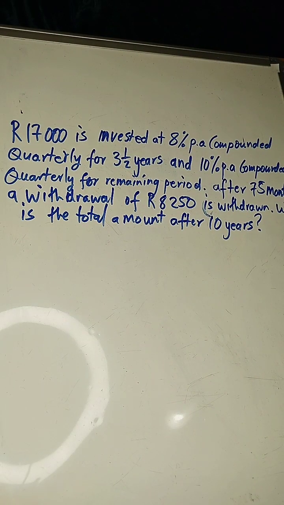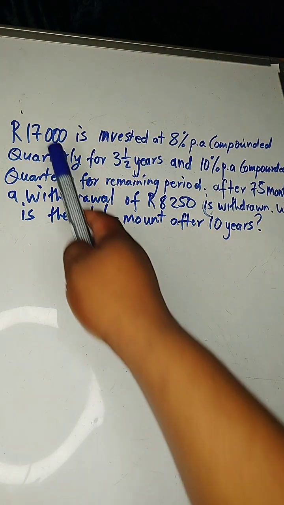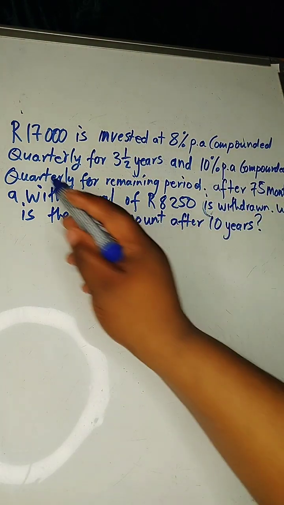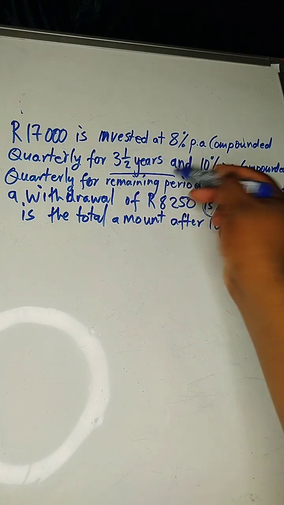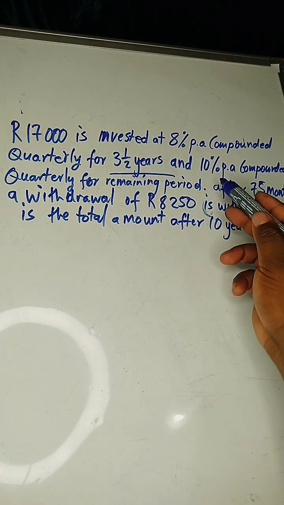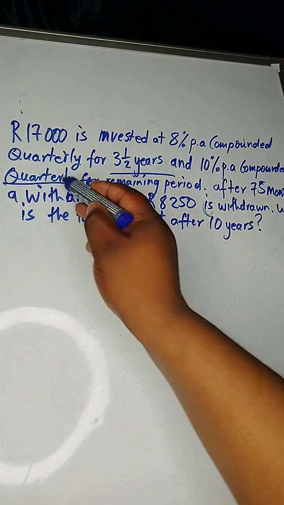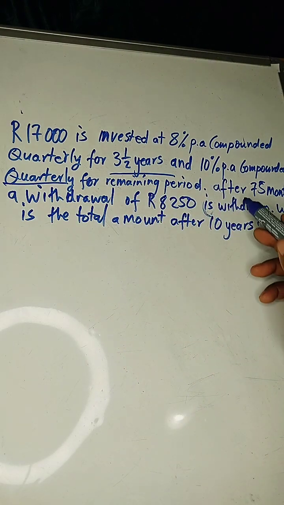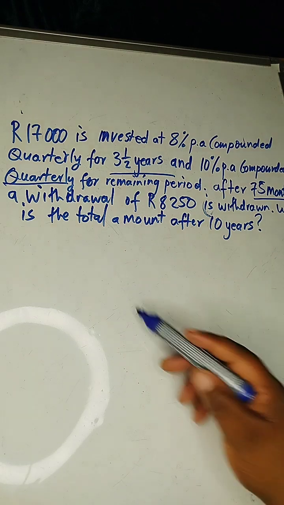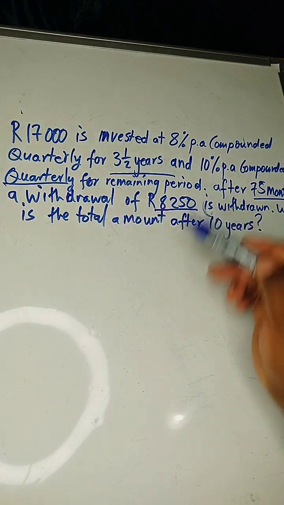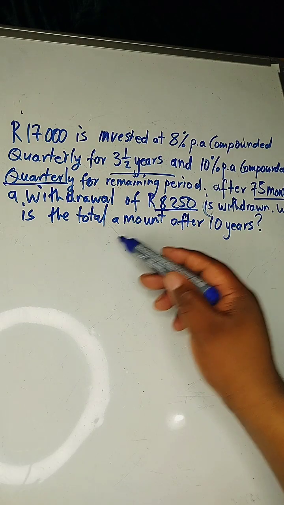Let's continue with this problem. 17,000 was invested at 8% compounded quarterly for 3.5 years, and then 10% compounded quarterly on the remaining period. After 75 months, a withdrawal was made.